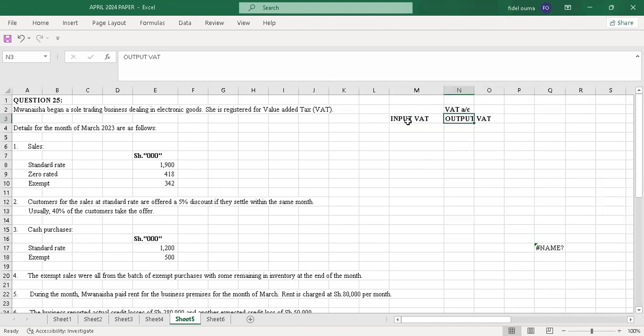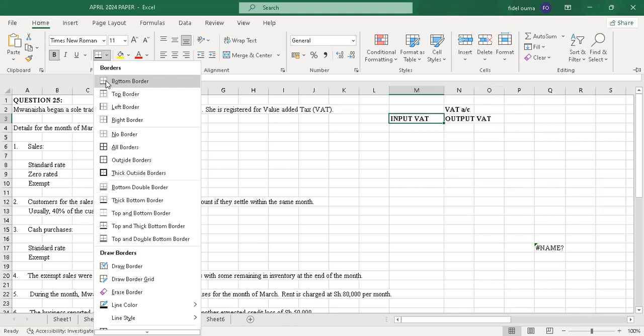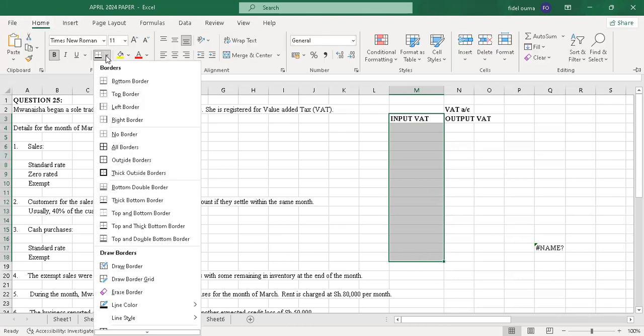So this is what I'll do. I'll go to home, then I'll create a right border. Let me just highlight it. I don't know where it will end, but let me highlight this all through. Then you go to home, then you go to borders, then you create the right border.